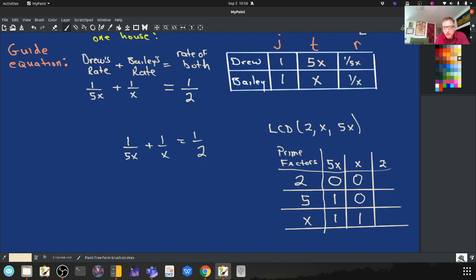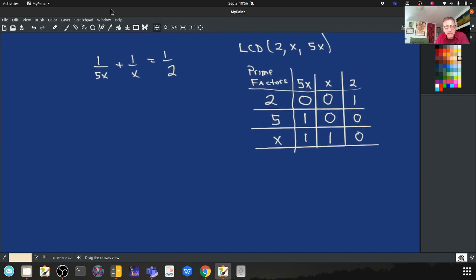Does 2 occur in 2? Yes, once, one factor. 5, no. x, no. So as you recall, now my LCD of these terms is equal to my prime factors, 2 times 5 times x, but each one of these prime factors is raised to a power.